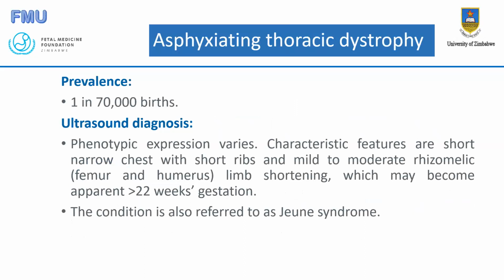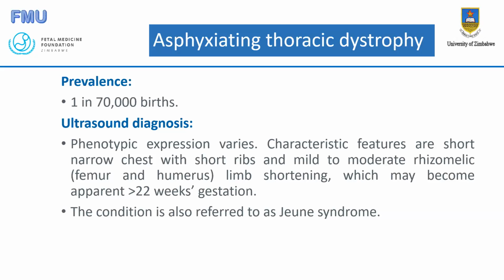Then we go to another condition called asphyxiating thoracic dystrophy. It occurs in about 1 in 70,000, fairly uncommon. The phenotypic expression varies. The characteristic features are a short, narrow chest with short ribs and mild to moderate rhizomelic femur and humerus.